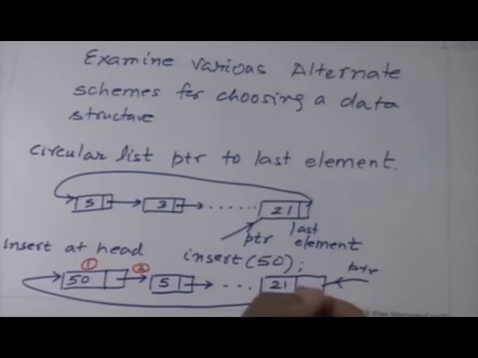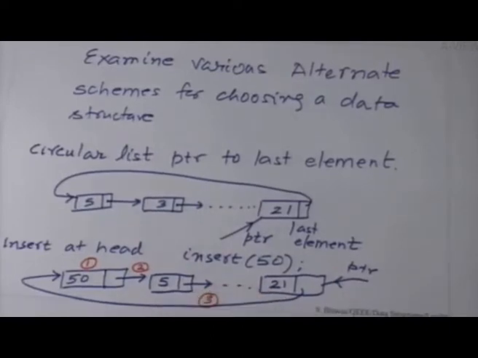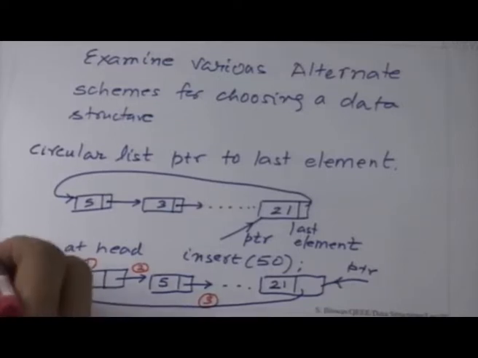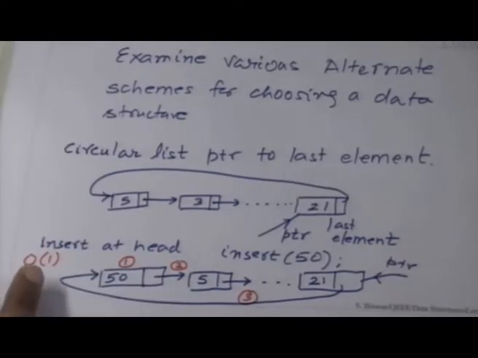And I have to change the next pointer of 21, which was 5, to a new thing, which is the new element. Nothing else changes. So since this operation requires 3 pointer manipulations only, independent of the number of elements in the list, we say that this cost is O of 1. So O of 1 means insert at the head is a constant time operation.